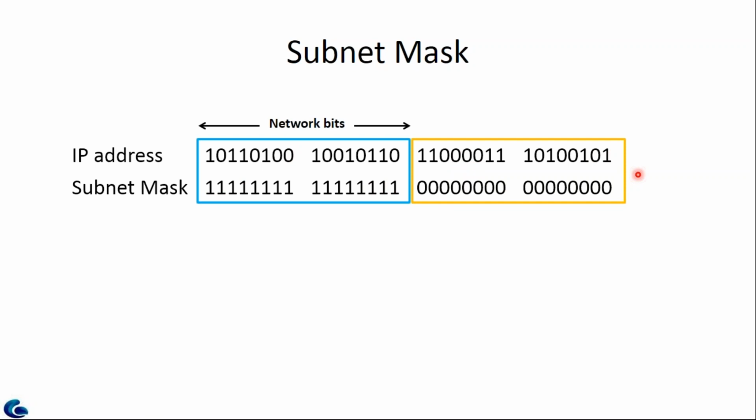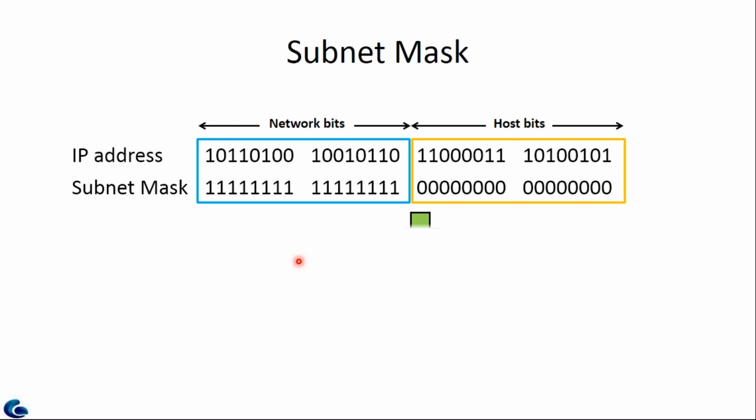So this host machine, configured with this kind of IP address and subnet mask, is clearly being told that the 16 bits from your left side are network bits and the balance 16 are your host bits. So if you have a destination address, compare the first 16 bits with your own 16 bits. If they are the same, then trust the destination is within your network. If they are not, I'm afraid we have to send it to the router for the sake of routing, right?